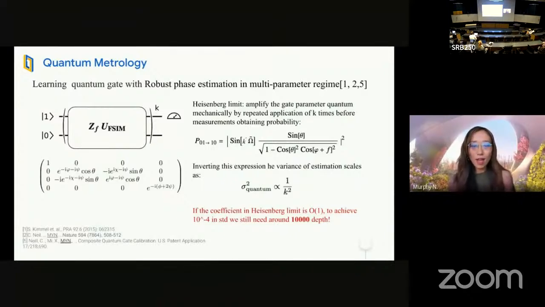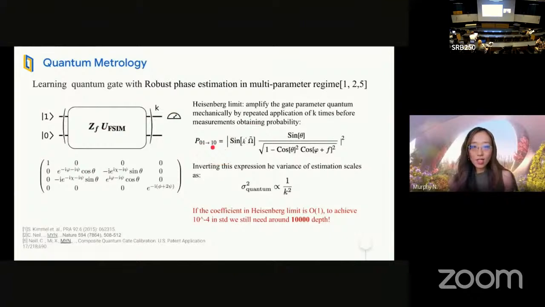Before that, I have to first go over at a high level how this algorithm works. Similar to the original robust phase estimation, our multi-parameter periodic calibration also has this type of periodic circuit where, if I want to learn the target unitary gate parameters, for example, zeta and phi, I will repeat this gate multiple times, maybe followed by some single qubit operation, and then measure the probability at the end.